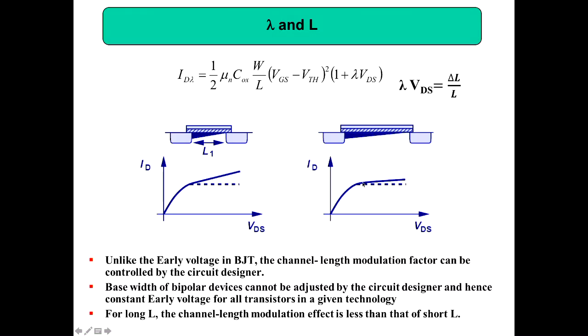That means you don't have that very high output impedance. See, the RO is reducing. When L is very small, the slope will be very high because the channel length modulation is increasing. Then lambda VDS is equal to delta L by L.